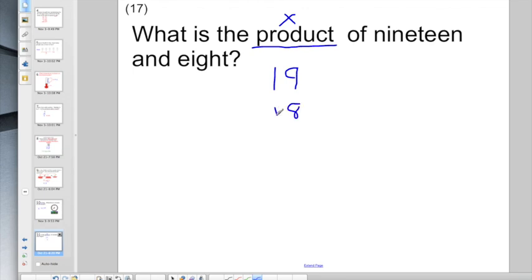So set it up one on top of another. Get ready to multiply. 8 times 9, hey, that's 72. 8 times 1 is 8, plus 7 more, that gives us 15, for a grand total of 152.